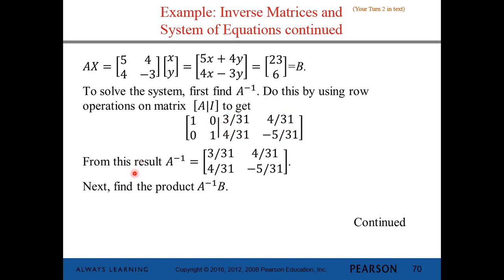In this case, the result of A inverse is 3/31, 4/31, 4/31, and -5/31.